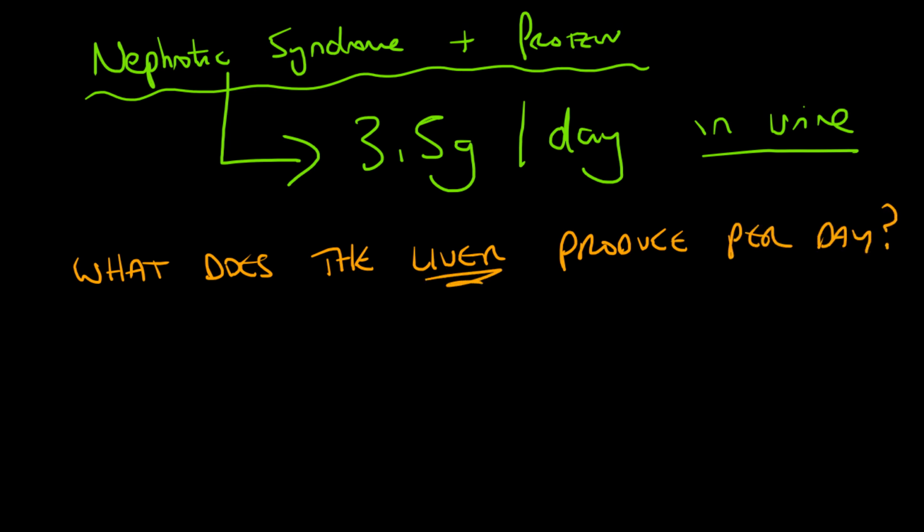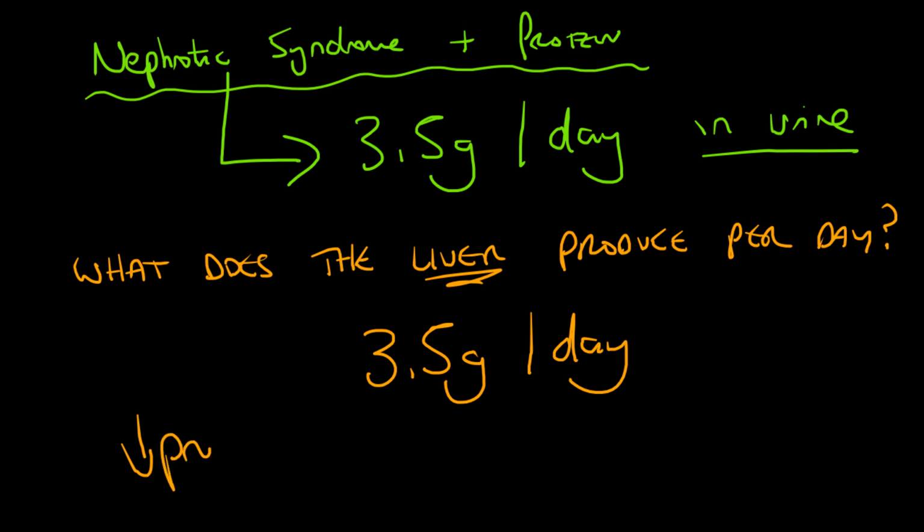The liver produces albumin in the body. So what do you think it might produce per day? The answer is, unsurprisingly, 3.5 grams per day. So that's why if you lose 3.5 grams per day, you will get nephrotic syndrome, because you will get hypoproteinemia, and this will lead to lower oncotic pressures in your blood, and you will get edema.